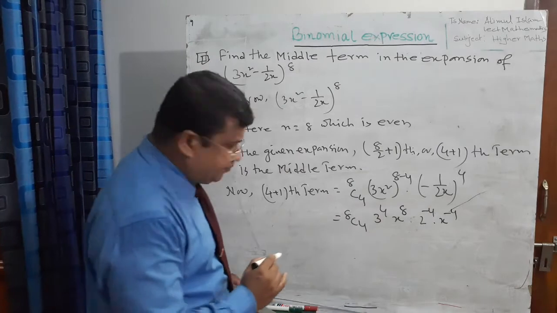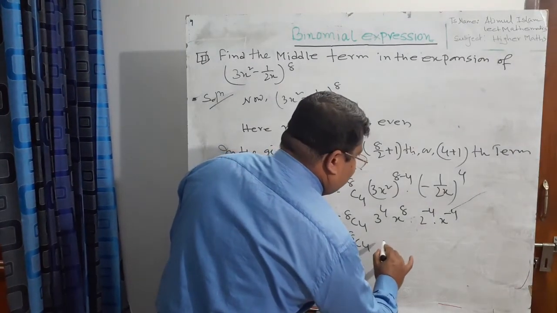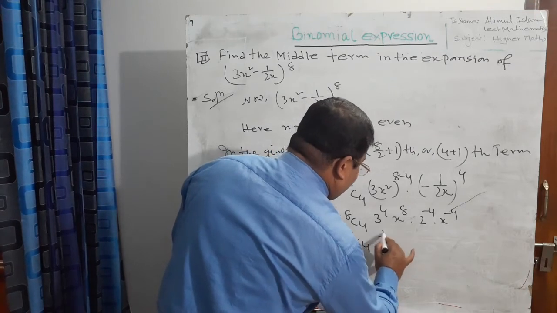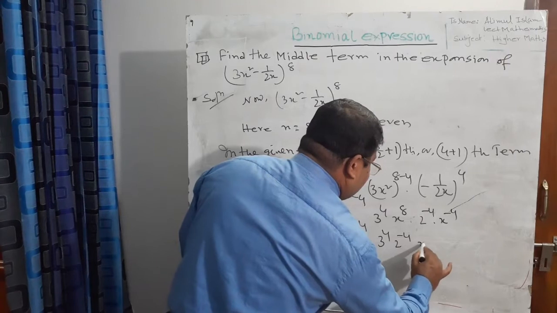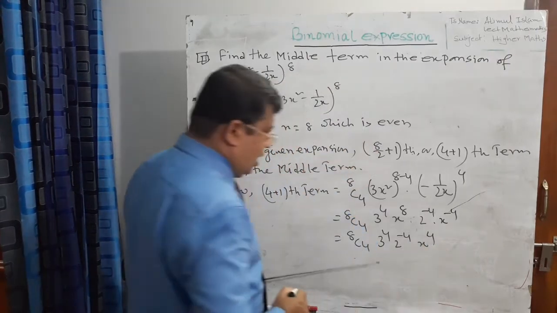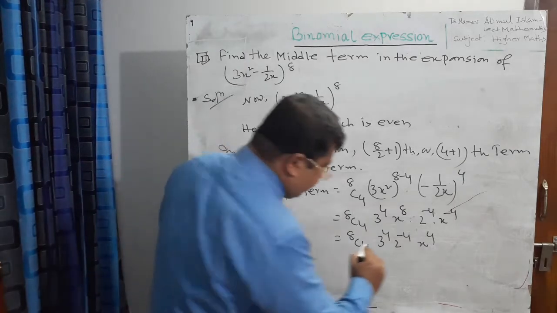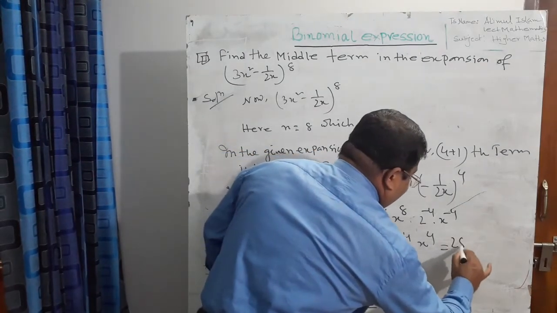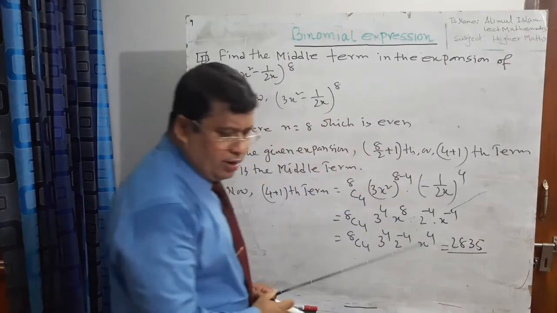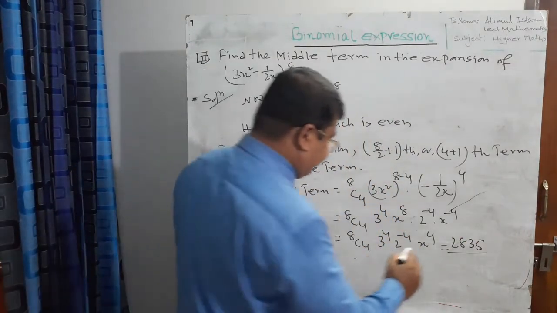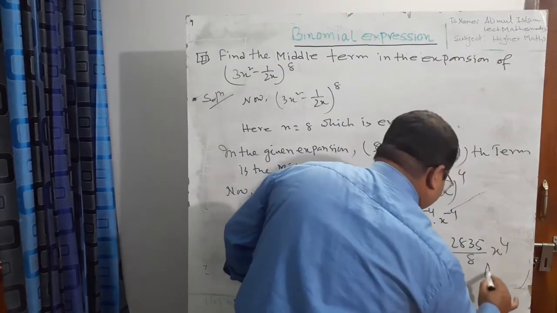What will this be? 8C4, then 3 to the power 4, 2 to the power minus 4, x to the power 4. After calculation, you will get the result 2835 divided by 8, x to the power 4, is the answer.